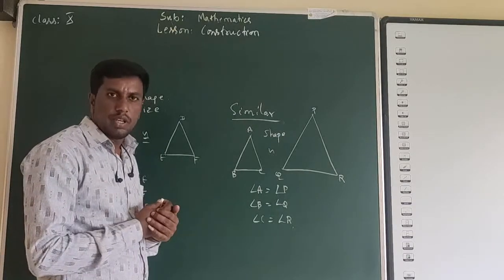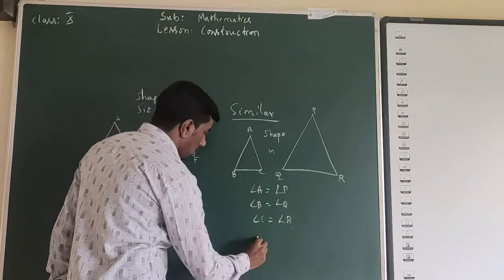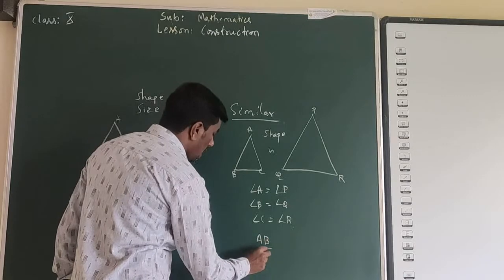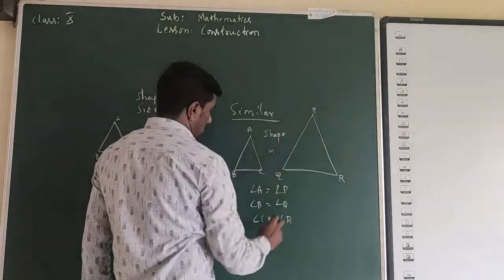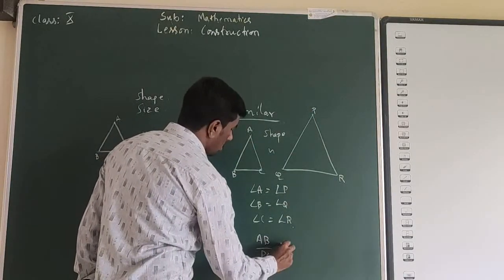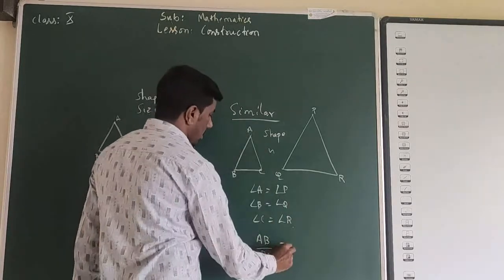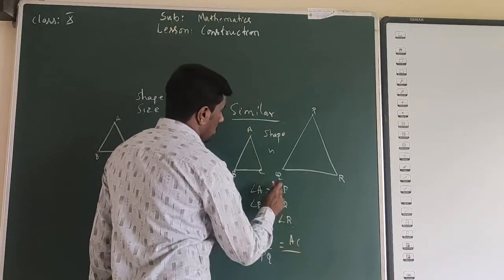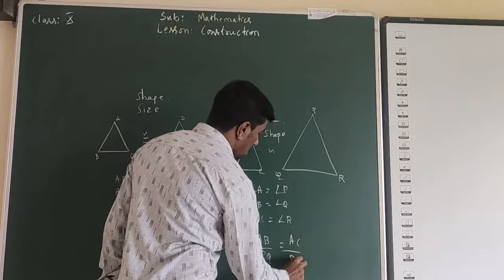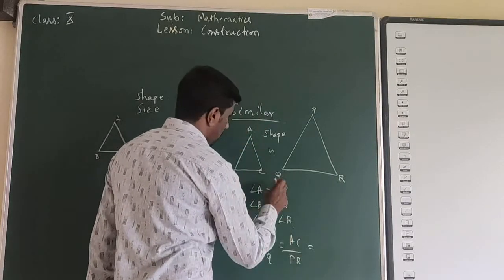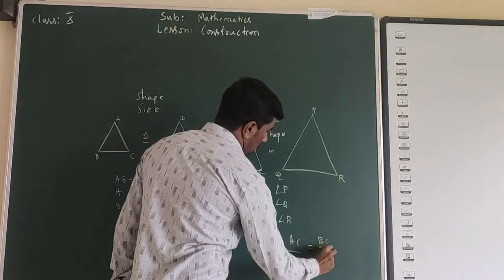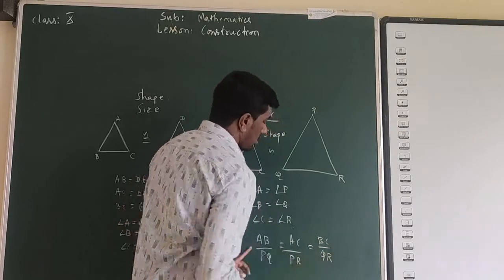Along with this, we should have these conditions. The ratio must be equal: AB by PQ is equal to AC by PR is equal to BC by QR. These conditions should be satisfied.